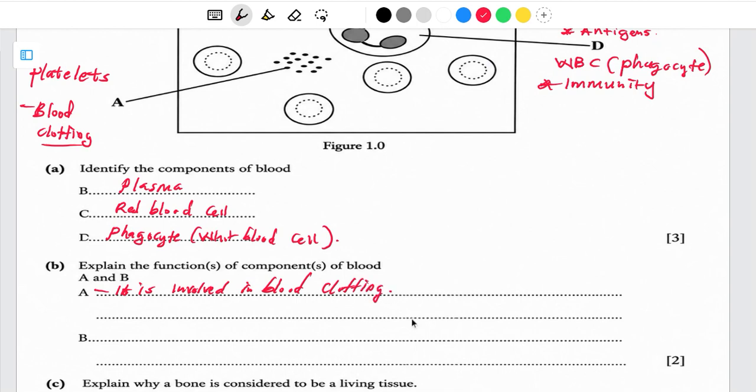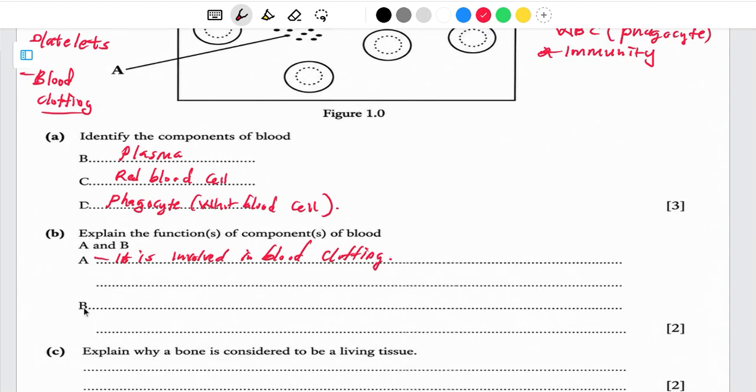Then for B, which is the plasma, you can say transporting nutrients and waste metabolic substances.